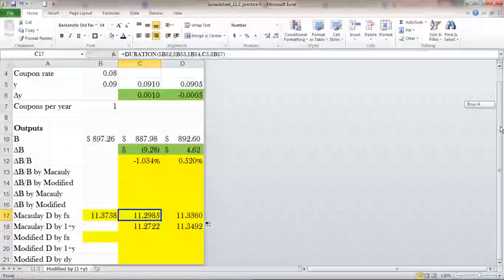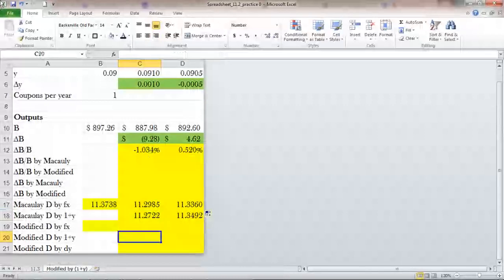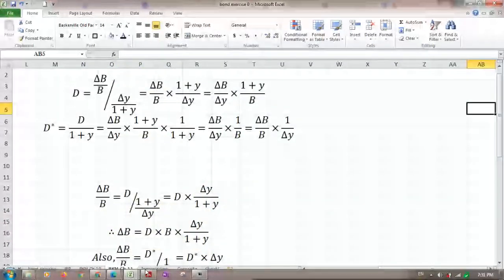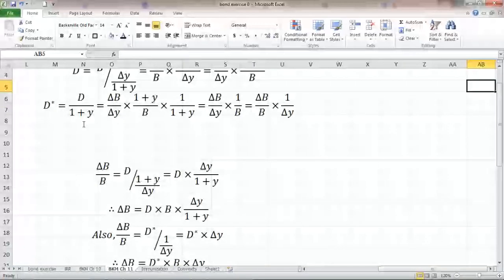And then let's think about the modified duration using 1 plus y. And because in modified duration, we have two versions, right? Remember that? In modified duration, it's just duration over 1 plus y. So it can be like this, right?